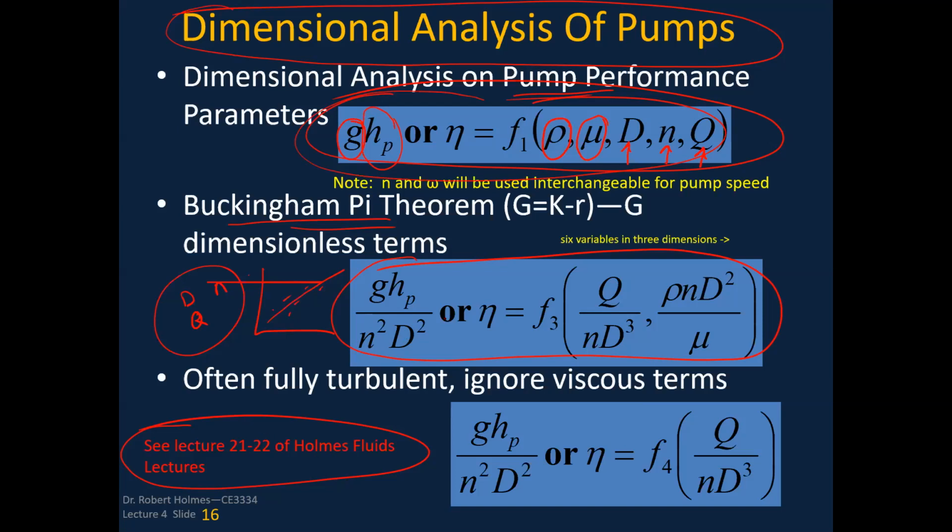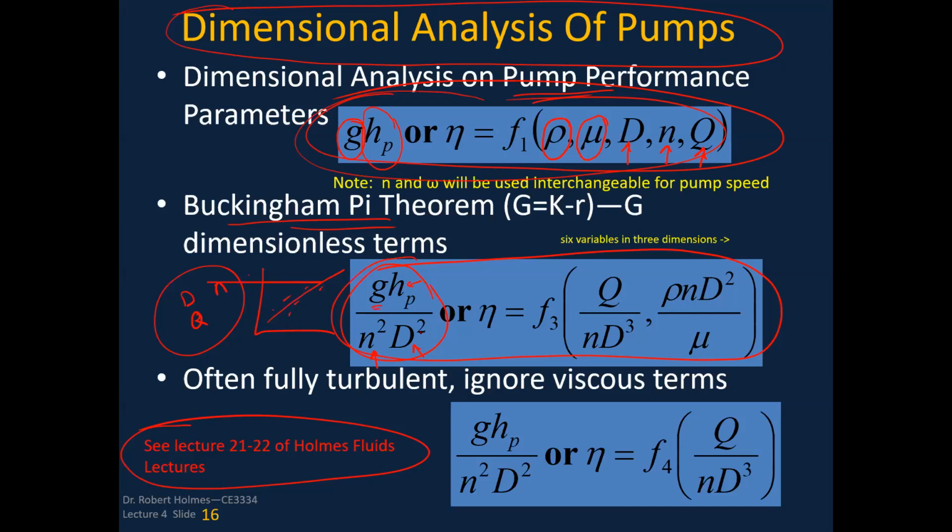But this is what we'd end up with, dimensionless terms. If you look at this, this is the acceleration of gravity, this is the head of the pump, this is the diameter of the pump, this is the speed of the pump. If you look at the dimensions, acceleration of gravity is length per time squared, the head is in length, and then we've got length squared here.